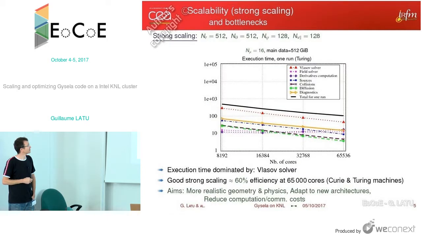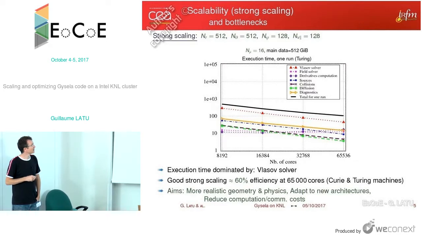Here is a strong scaling. You have the execution time here and the number of cores here. You see that the time decreases with the increase of the number of cores. Here in the black thin line you have the total time, and here in red the Vlasov equation solver. So you see that it is the first consumer in terms of execution time.